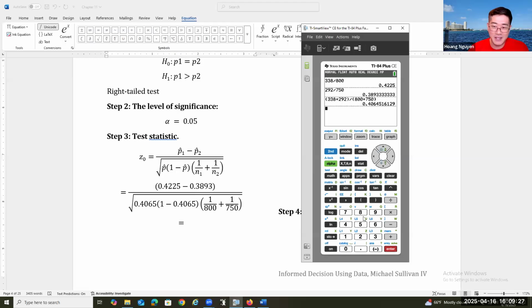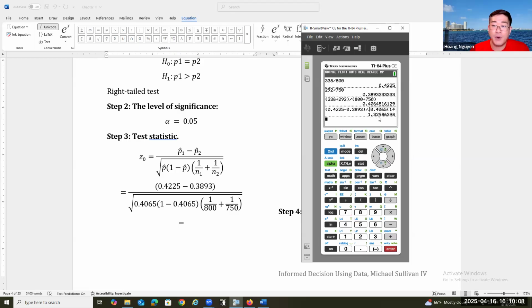So we're going to type parenthesis 0.4225 minus 0.3893, close the parenthesis, divided by the square root of 0.4065 parenthesis 1 minus 0.4065, close the parenthesis, open another one, 1 divided by 800 plus 1 divided by 750. Okay, so then hit the enter key, everyone.